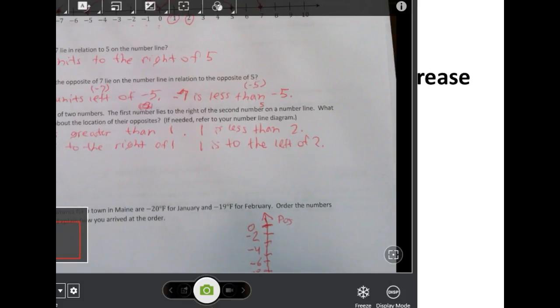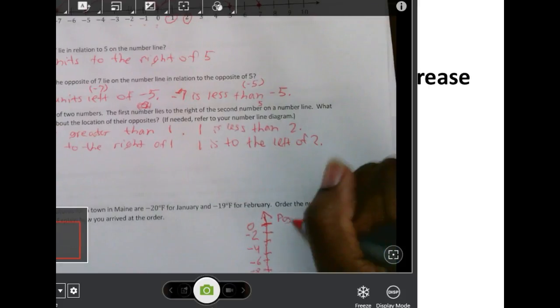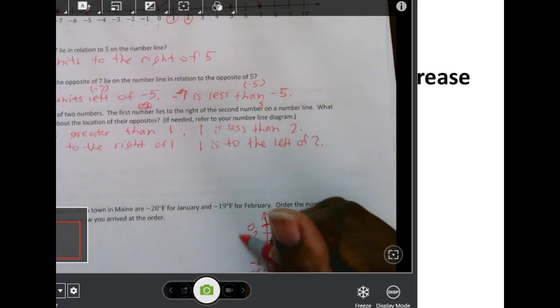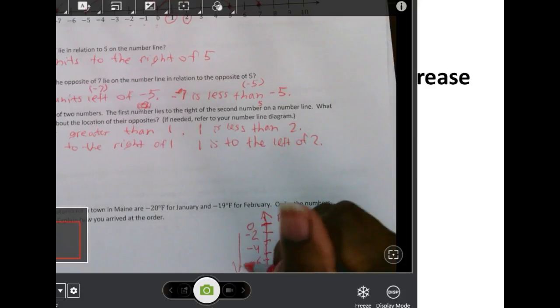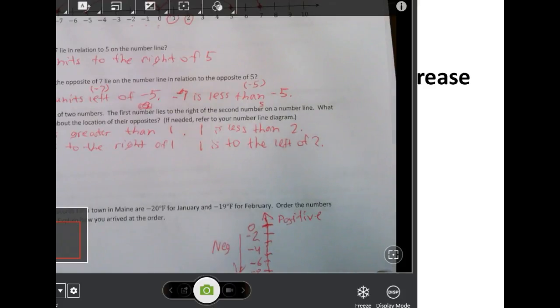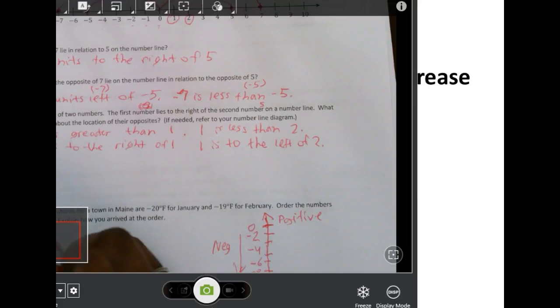Alright, so if this is negative 19 and it is above, and our positive numbers are above 0, and our negative numbers are below or decreasing, then negative 19 is greater than negative 20. So negative 19 is greater. So we would have negative 20 first, and then negative 19.